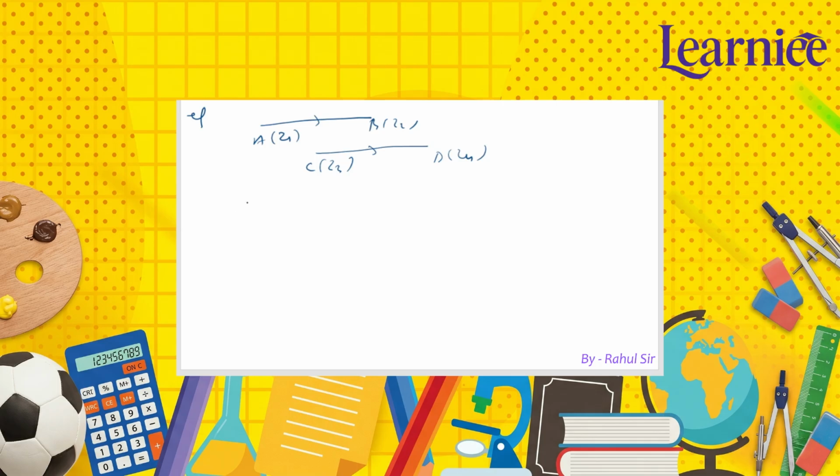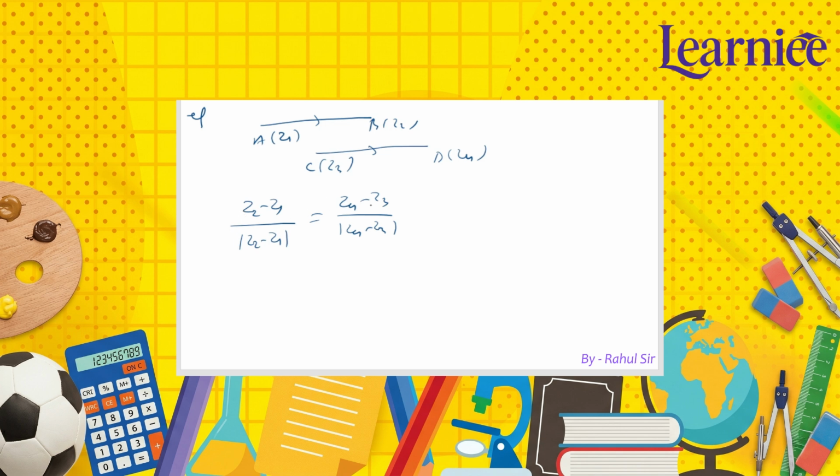So I can say that Z2 minus Z1 upon mod of Z2 minus Z1 is equal to Z4 minus Z3 upon mod of Z4 minus Z3. Both are unit vectors. So the magnitudes are equal because the direction is already same. Two vectors are same if their magnitude as well as direction are same. Since the direction is already same, to make the magnitude equal, we convert into unit vectors.